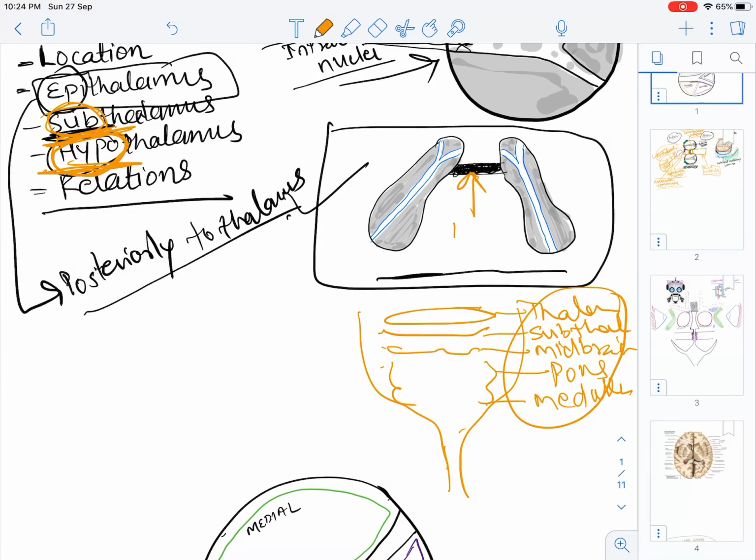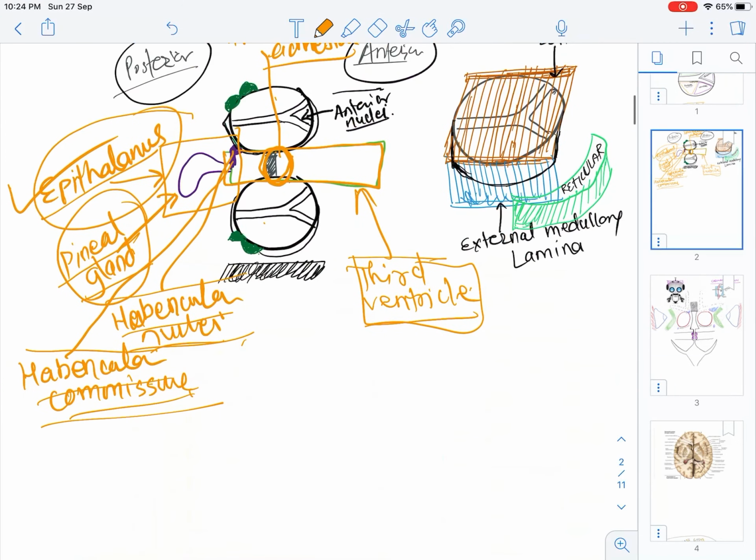Here also I have shown the interthalamic adhesion. Below this interthalamic adhesion there is the third ventricle, situated medially to the thalamus.